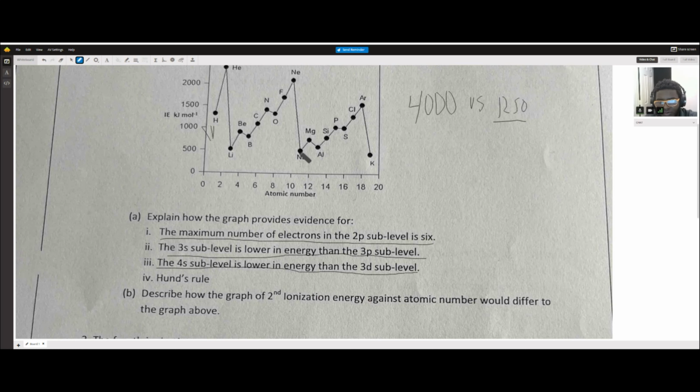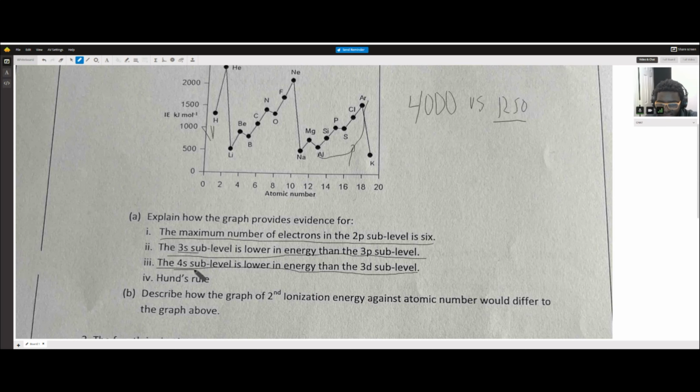All the repulsion forces are stabilized, and they're closer to the nucleus than this 3p orbital. This is 3p. P has a lot more electrons for more repulsion, and it's a bit further away from the nucleus, which is why it's higher in energy than the 3s sublevel.